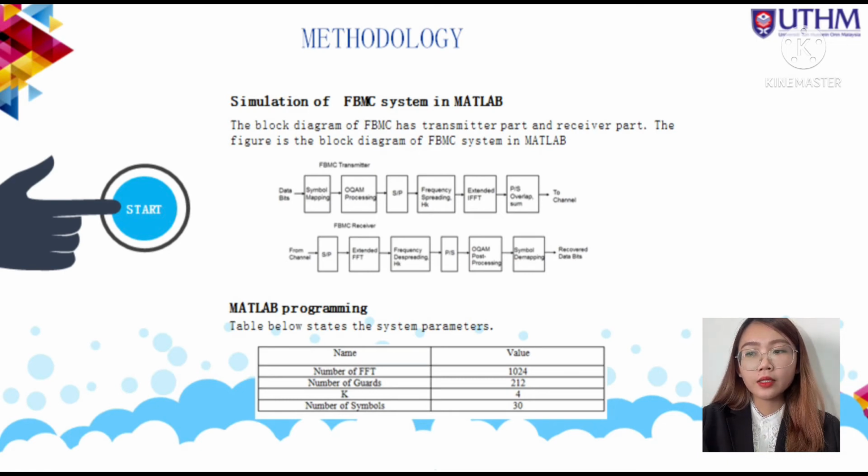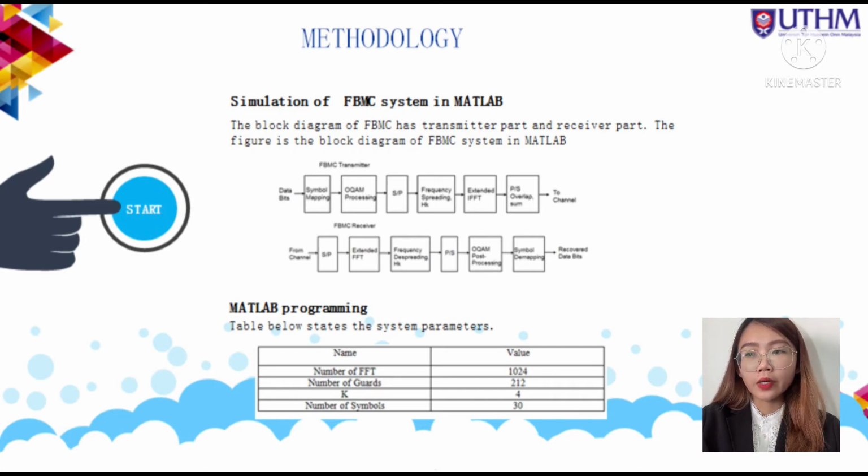This is the block diagram of FBMC. This block diagram has a transmitter part and a receiver part. In the transmitter part, starting from entering the data bits and then QAM symbols, and proceed to SP, and frequency spreading and extended IFFT, overlap sum, and send to the channel.